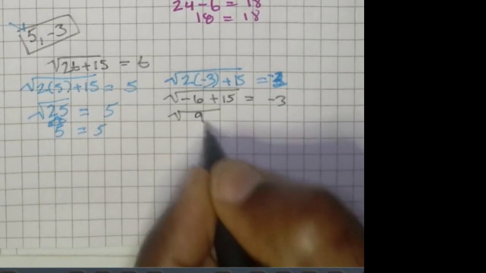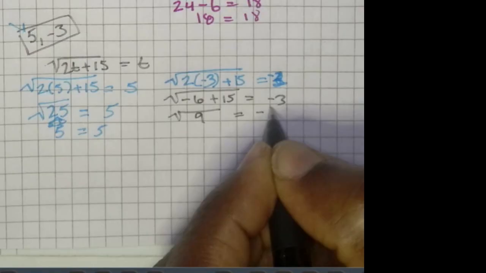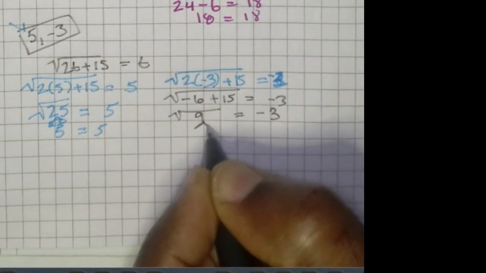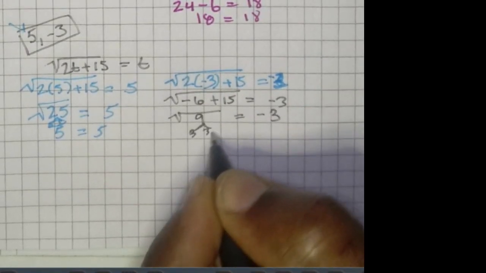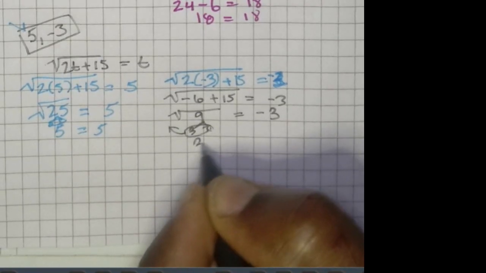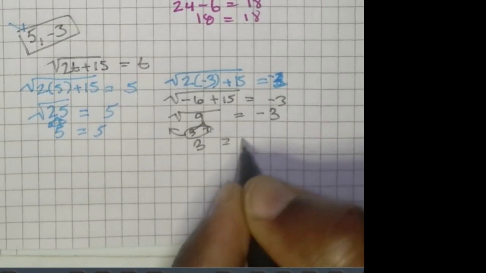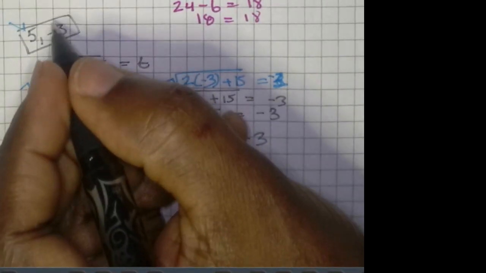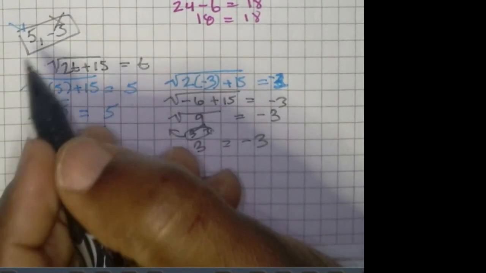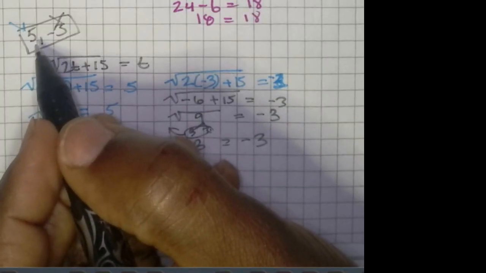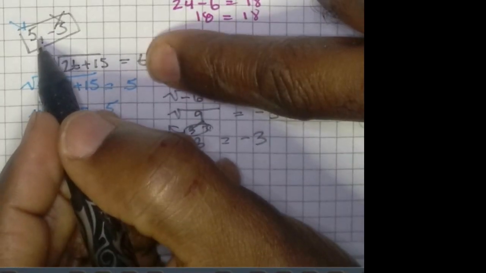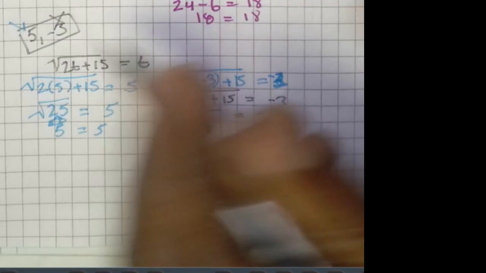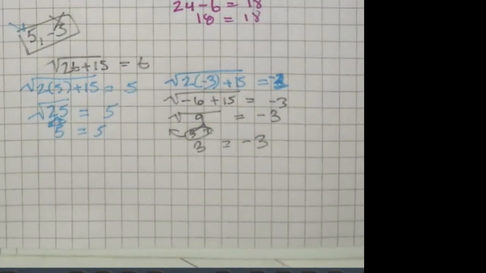All right, so square root of 9 is supposed to equal negative 3. It does not, because 3 times 3, a 3 comes out. 3 does not equal negative 3. So negative 3 is extraneous. The only solution that satisfies this equation is 5. All right, I'm going to load another video covering what happens when you have 2 radicals.